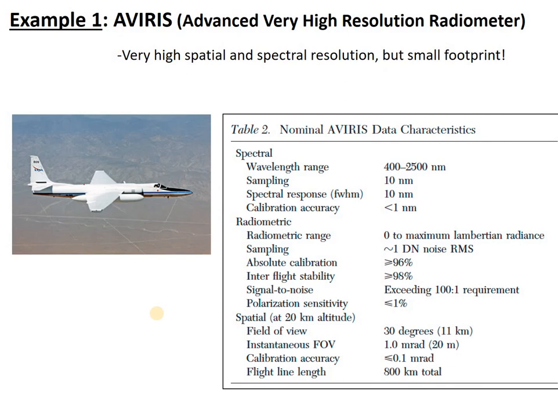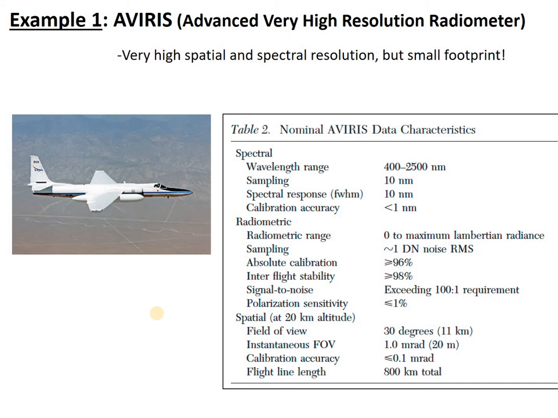So one example of a hyperspectral sensor is AVIRIS, the Airborne Visible/Infrared Imaging Spectrometer. This sensor is actually airborne. It flies on a NASA plane and can be chartered essentially for different projects. Now the benefit of flying in a plane, of course, is that you are much lower down.